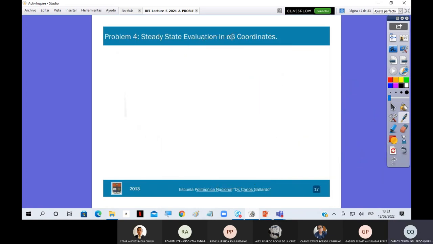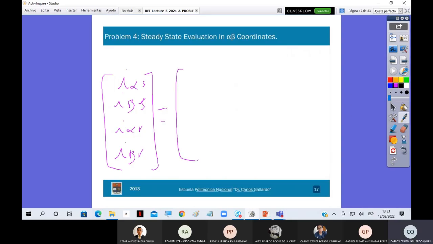Okay, so I will have, this is the alpha component. This is the beta component. This is the alpha component. This is the beta component.